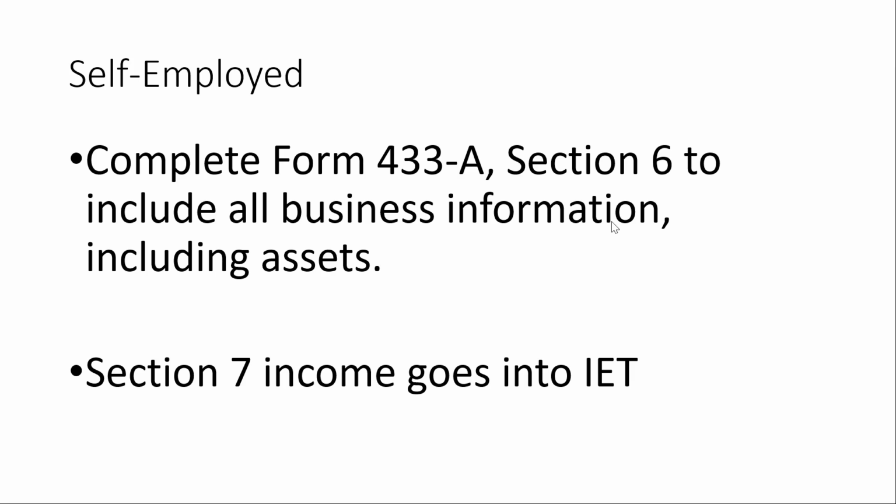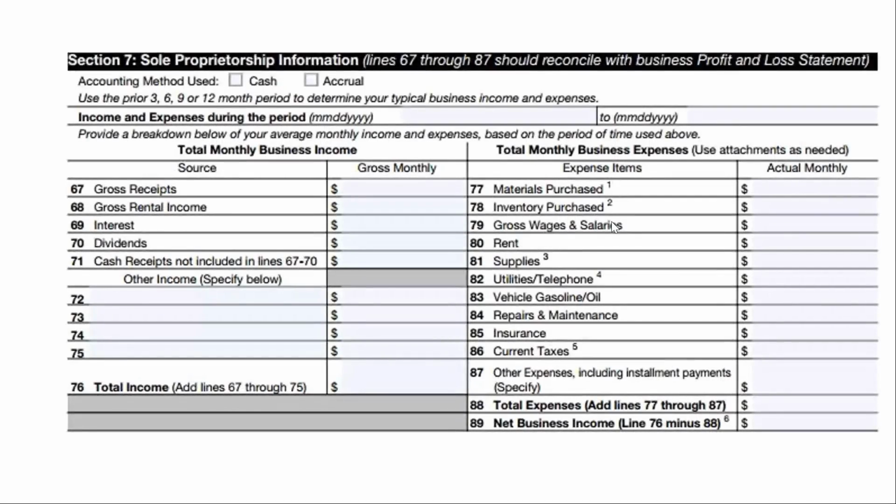For your clients that are self-employed, you'll notice that Form 433A has a self-employed section. So complete Section 6 to include all that business information, including assets. And then there's a Section 7 that basically looks like a profit and loss statement, or kind of looks like a Schedule C, right?